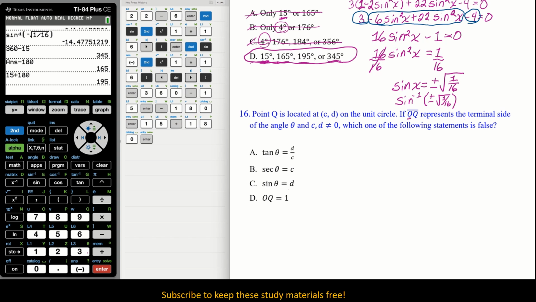Okay, so this is really what we have. We're going to draw it, and we're going to say that this is O, or the origin. Then I'm going to go out, once again, pretend that I can draw. Okay, then we have, it says, represents the terminal side of the angle.